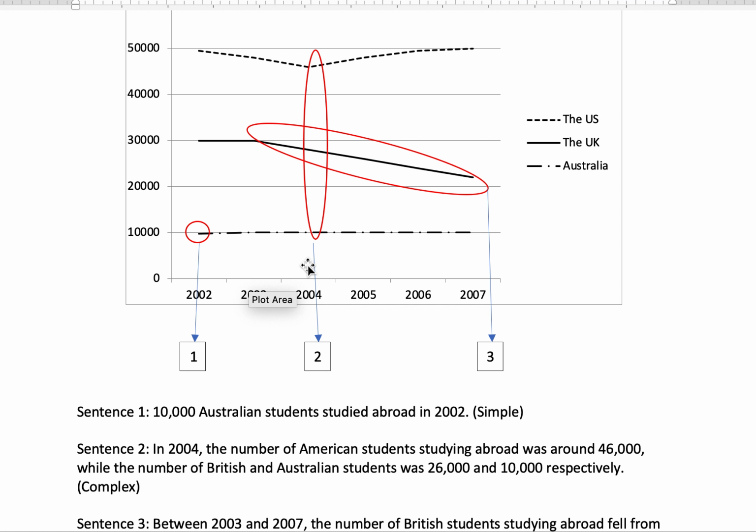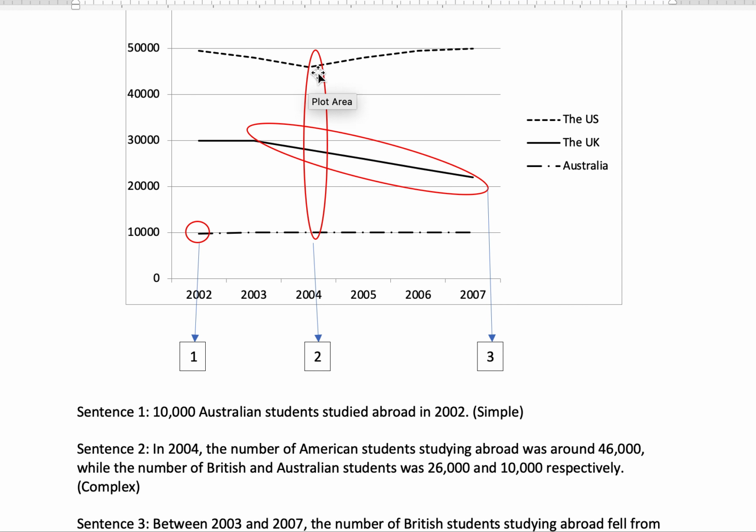Okay. Now in 2004, the number of American students, this is America. In 2004, this year, the number of American students who studied abroad was around 46,000, comma, while the number of British and Australian students was 26,000 and 10,000 respectively.